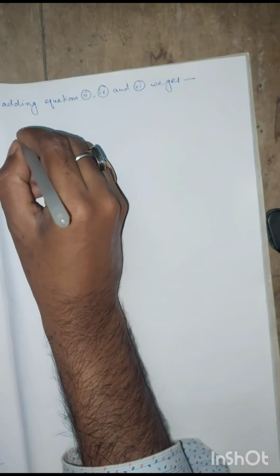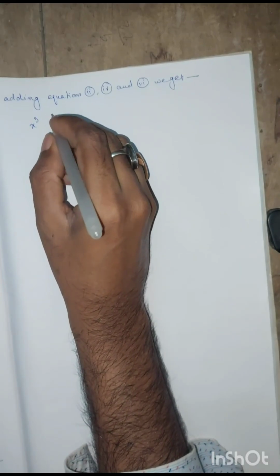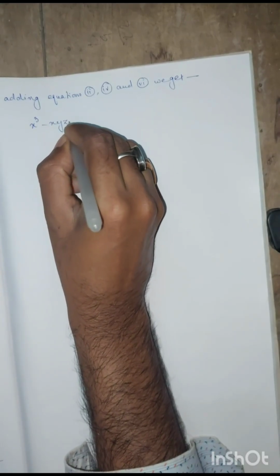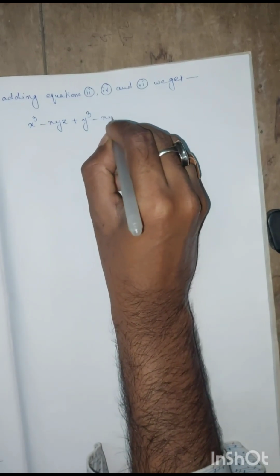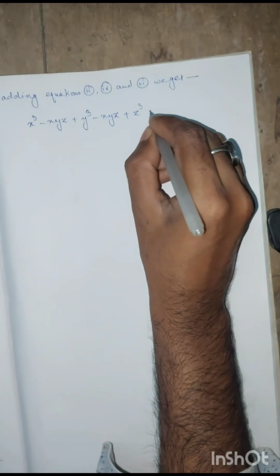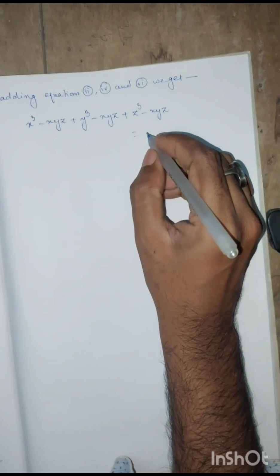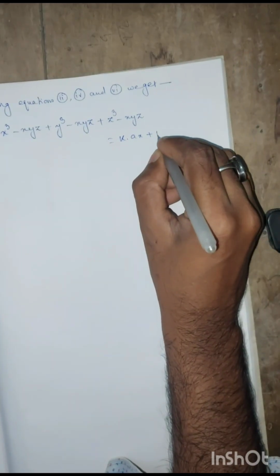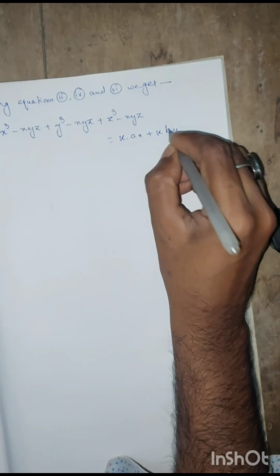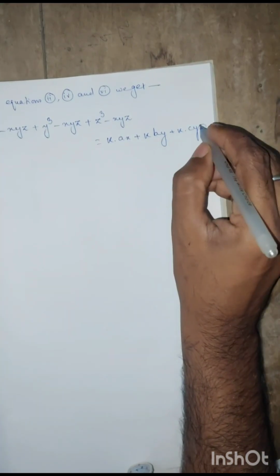So we can write x cube minus xyz plus y cube minus xyz plus z cube minus xyz. Now we are adding the right side, that is k into ax plus k into by plus k into cz.